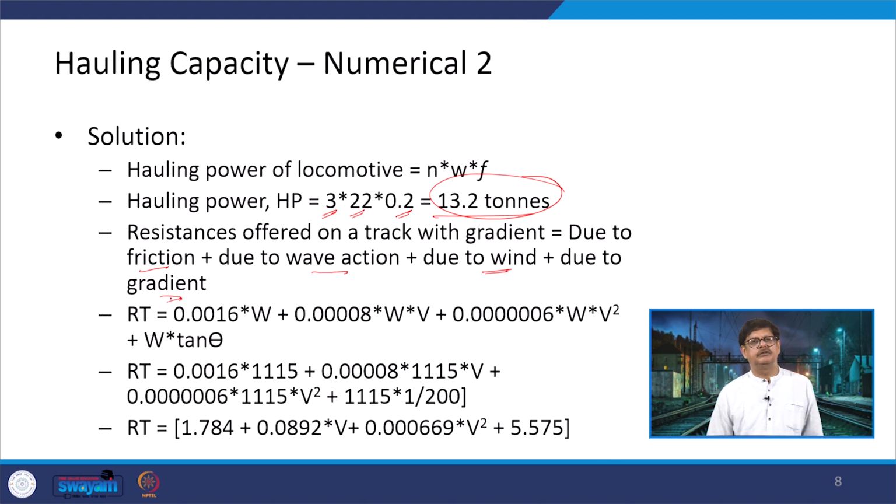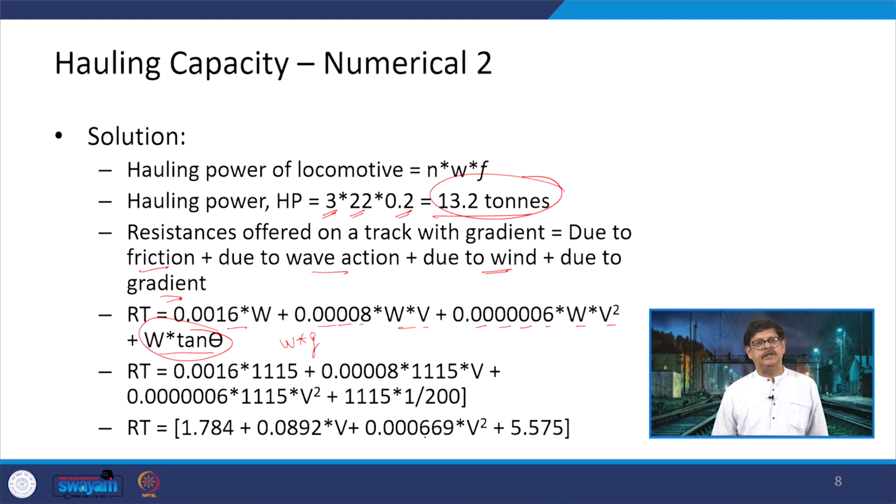The first three formulas are the same as we discussed in the previous numerical: 0.0016 W, 0.00008 W into V, then 0.0000006 into W into V square, plus W into tan theta, or we can also write this as W into G, where G can be a percent value.